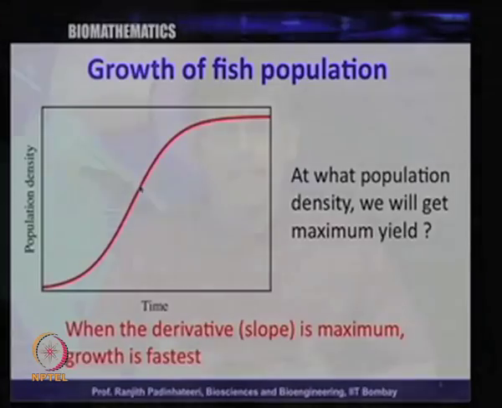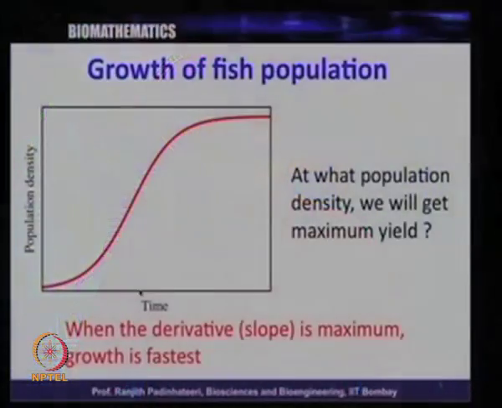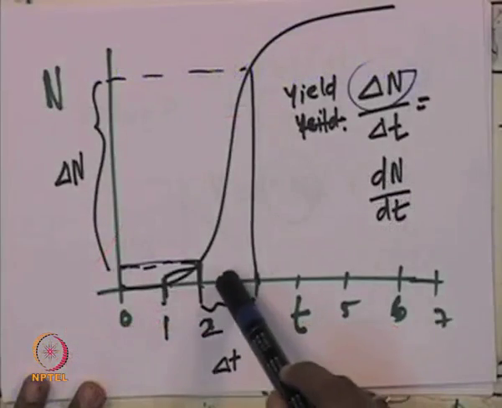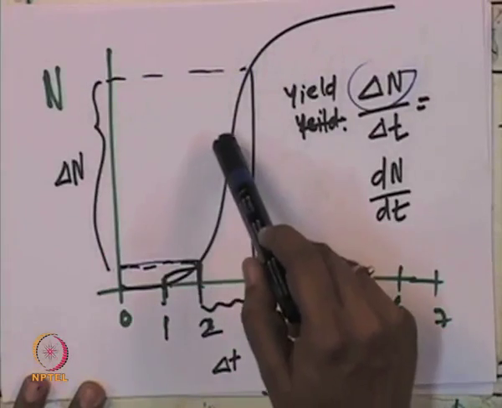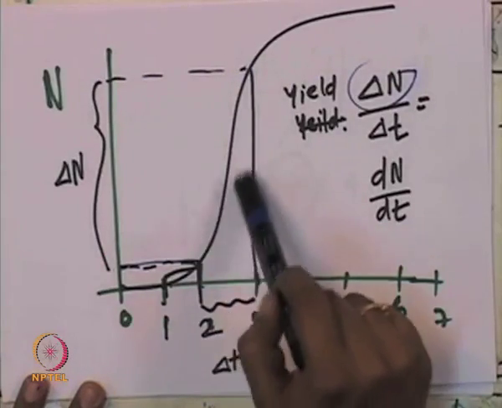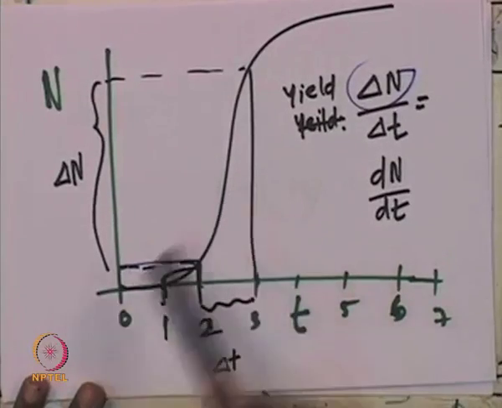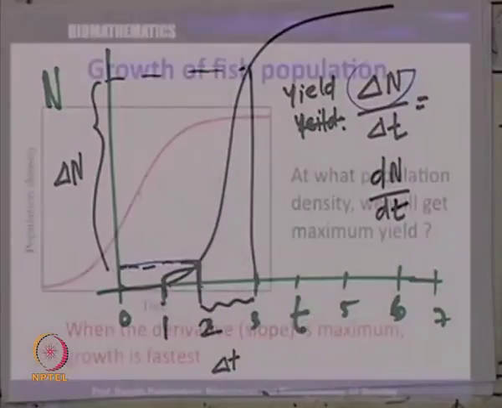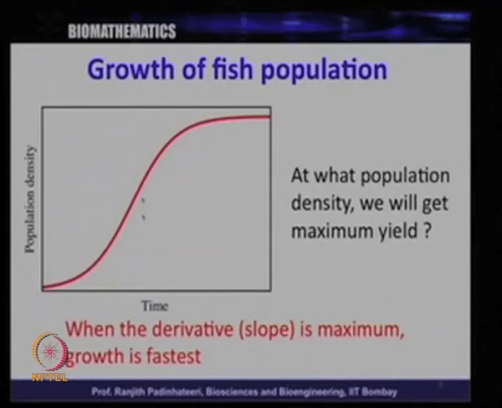So this idea of derivative helped us to understand where, at what time, we get the maximum yield. In this graph, after the second day, you get the maximum yield. Here also, somewhere here, you will get the maximum yield.